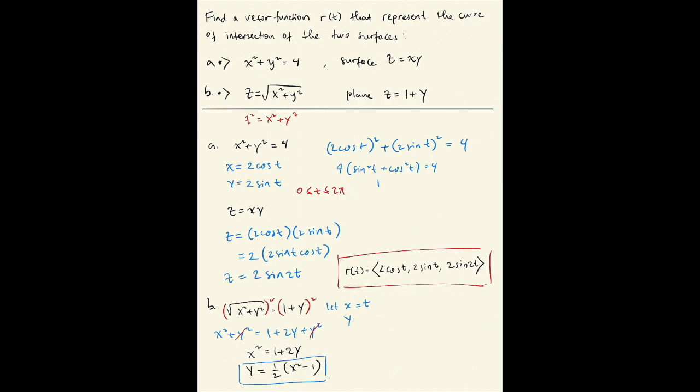So my y will be this, and my z, 1 plus this, and then solve this, is half, t, 1 minus half is half, right?